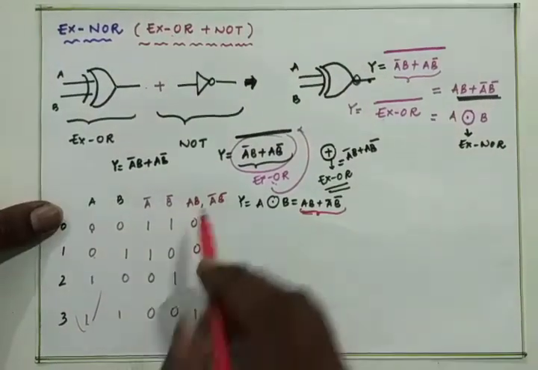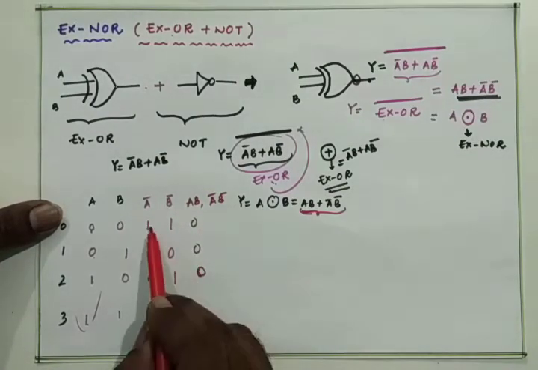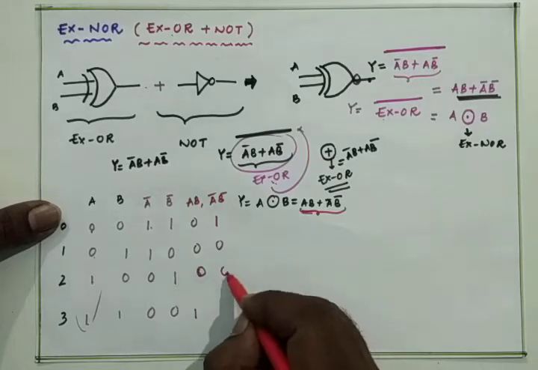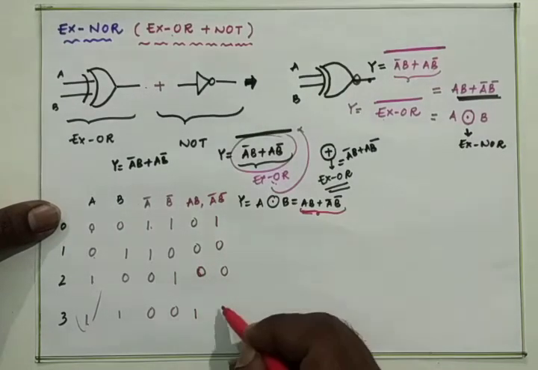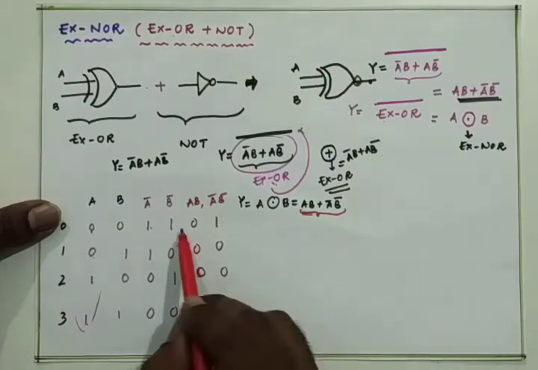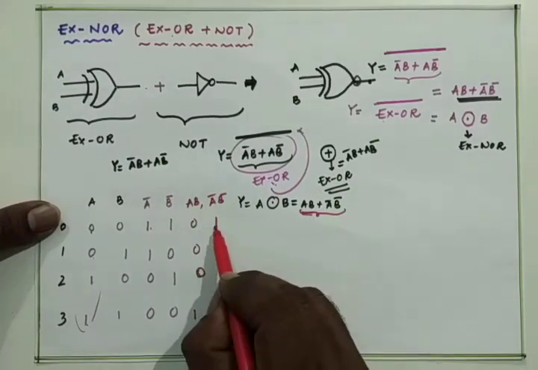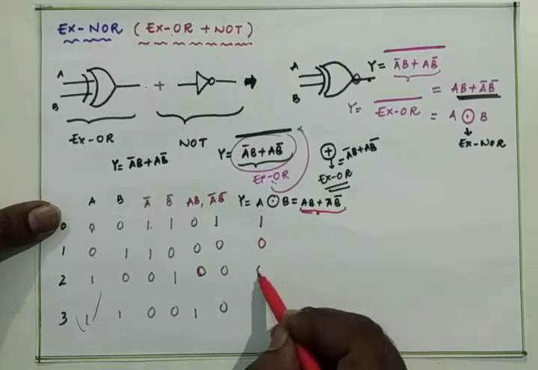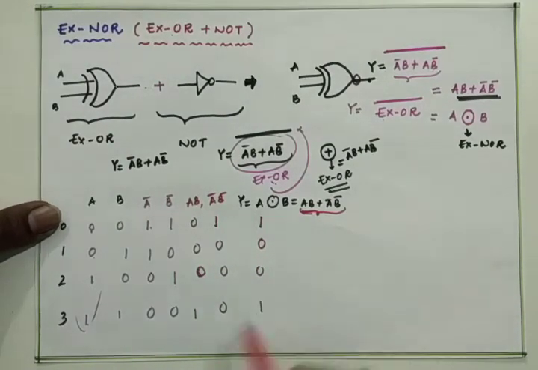Then A bar B bar: 1 into 1 is 1, 1 into 0 is 0, 0 into 1 is 0, 0 into 0 is 0. Then we add AB plus A bar B bar: 0 plus 1 is 1, 0 plus 0 is 0, 0 plus 0 is 0, 1 plus 0 is 1.